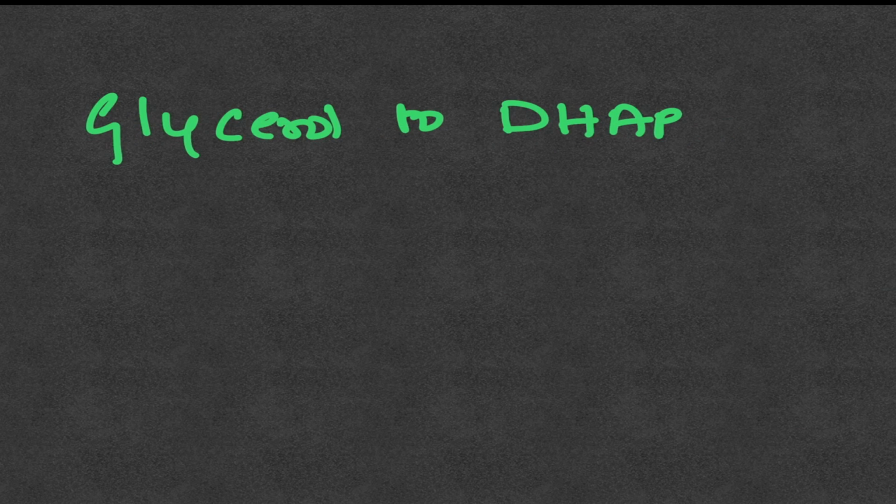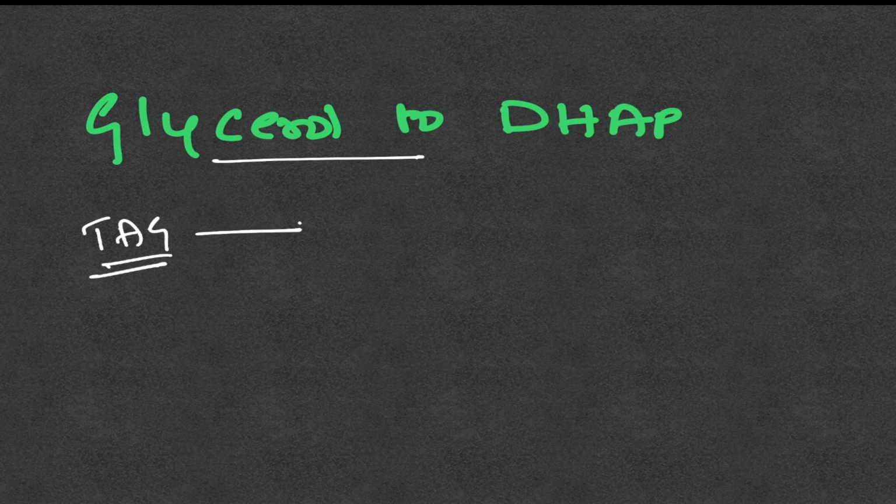Now, let us see how glycerol is converted to dihydroxyacetone phosphate, which eventually goes into gluconeogenesis. As I told you, glycerol is part of triacylglycerol, TAG. Triacylglycerol undergoes lipolysis in the presence of glucagon, and glucagon activates an enzyme called hormone sensitive lipase.